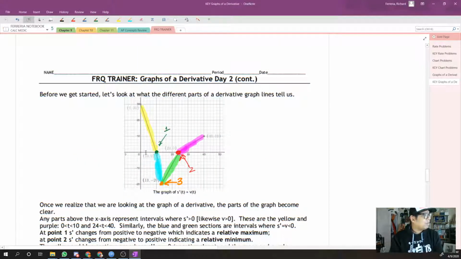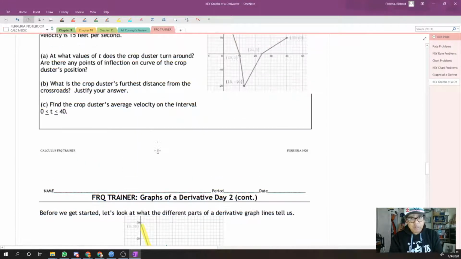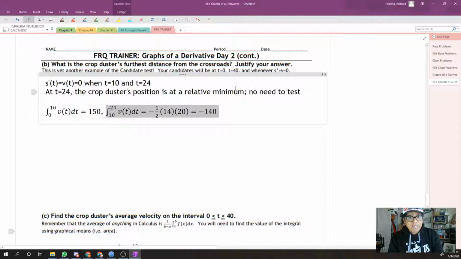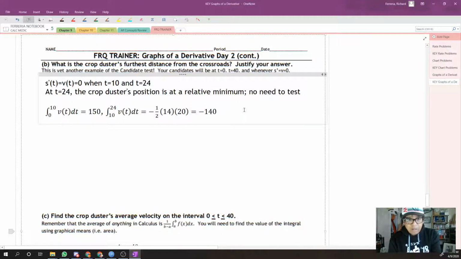This second triangle here has a width, going from 10 to 24, so that's a width of 14 and a height of 20. So that second triangle has an area of 140. Of course, we're below the x-axis, so the integral is negative 140.